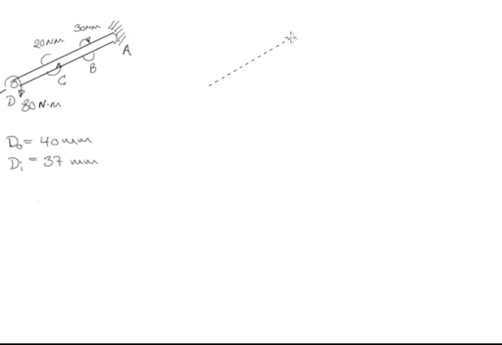So if you just initially sketch up the pipe here with the torsional moment at point D, TD, equal to 18 Newton meters. We have a torsional moment here at point C, TC, equal to 20 Newton meters.